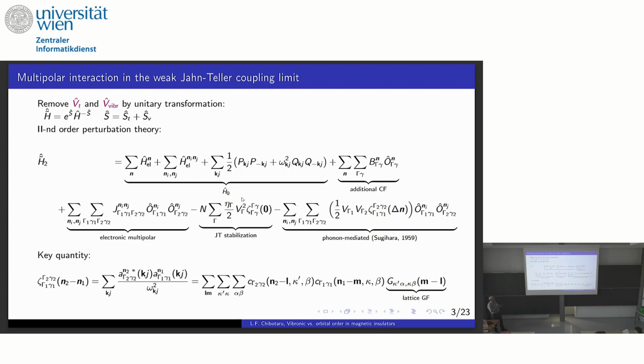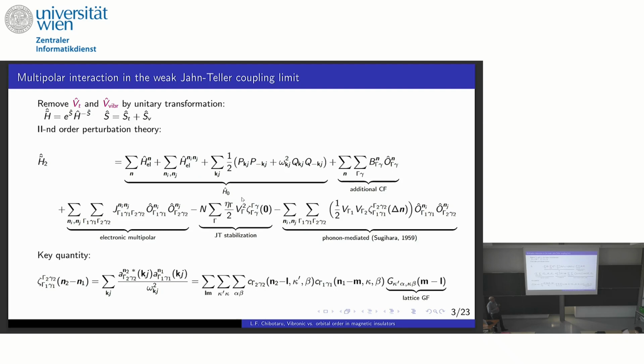So we do a unitary transformation which removes the electron transfer interaction. And because we suppose that our vibronic effects are weak, we do the same with the vibronic part. So this is a standard tool. And what we obtain, so these are usual terms, and these are unchanged.